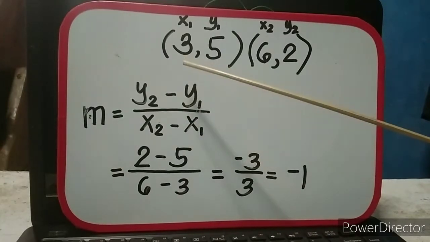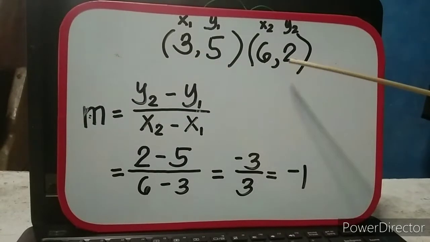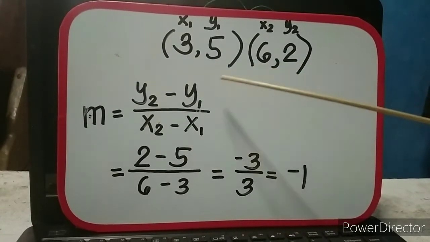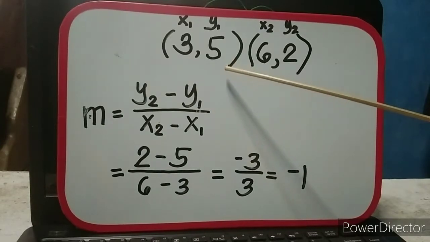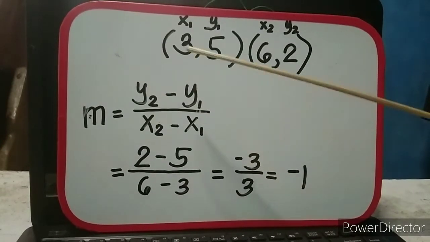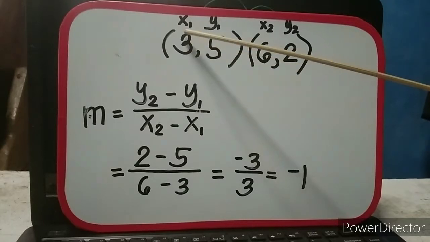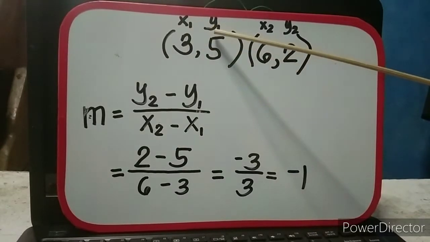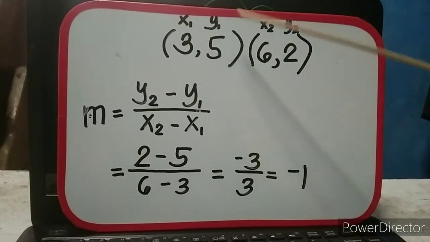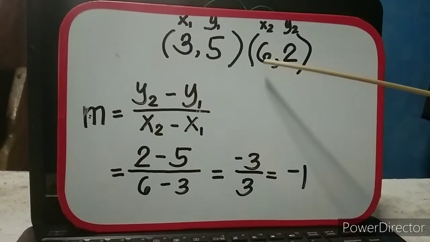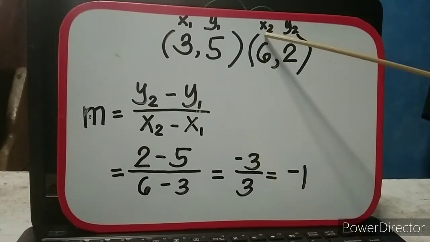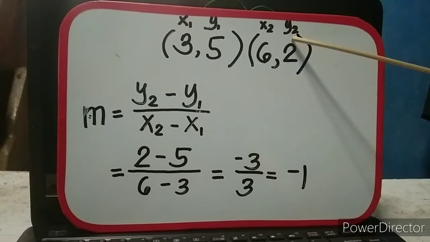For example, in a certain linear equation in 2 variables, the points 3, 5 and 6, 2 are located on that graph. And in order to use this formula, we will represent these numbers as the x sub 1. This is the y sub 1. Same with this point. This will be the x sub 2. This is the y sub 2.